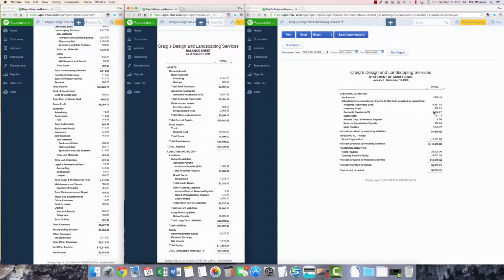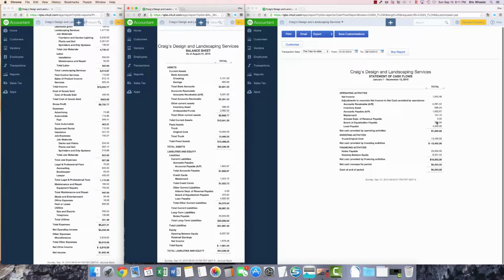So we're going to add that back to our net income figure. MasterCard's another liability, so we add that back. Board of Equalization payable, that's another liability, and we add that back. And same thing with the loan payable. And that gets us to our net cash provided by operating activities.